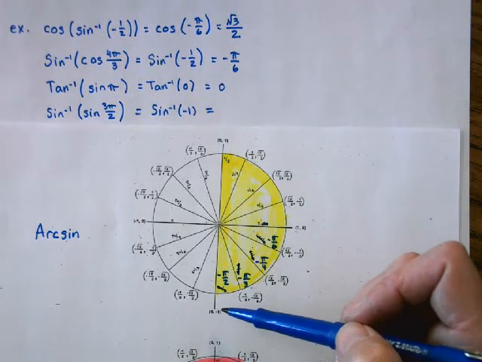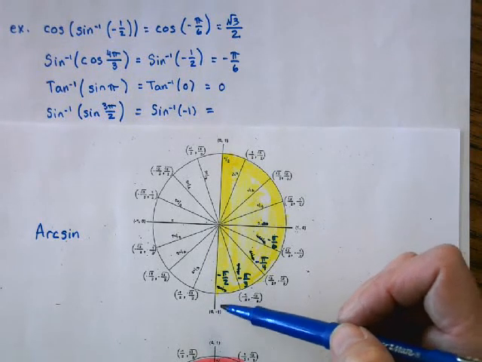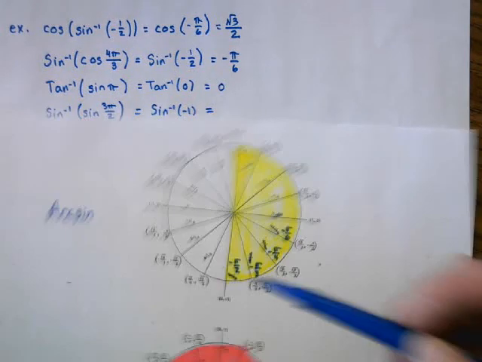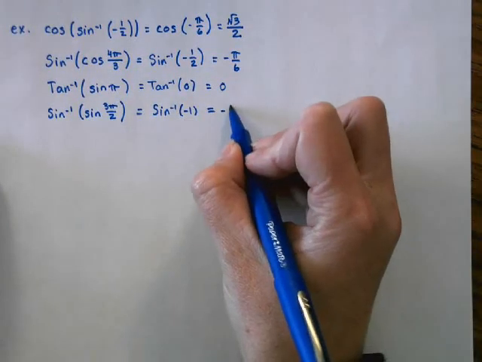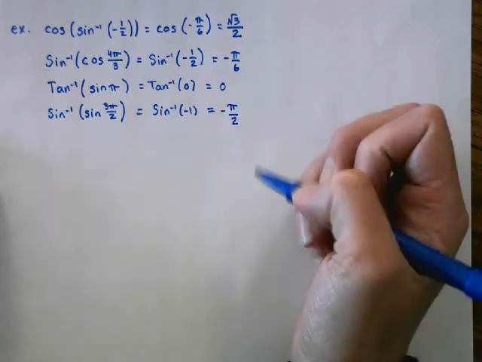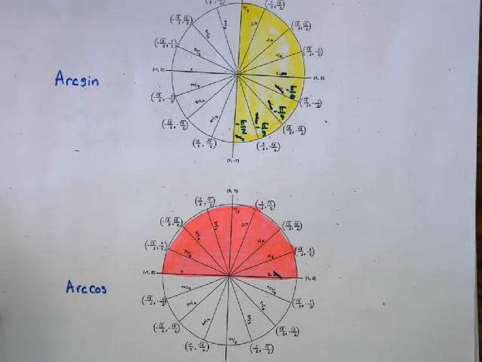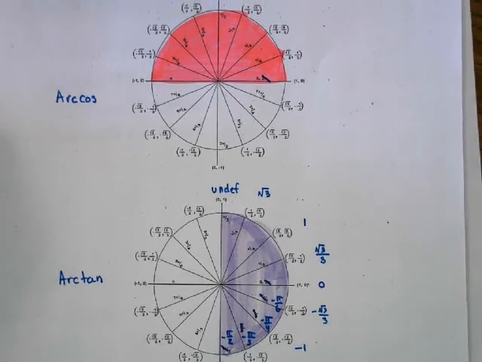Well, it's at the same exact location, but what we're going to call this is not 3 pi over 2. We're going to call this negative pi over 2 for the inverse. So the key to inverse functions is understanding that the ranges are limited, so you're only going to get out particular answers, one and only one answer.